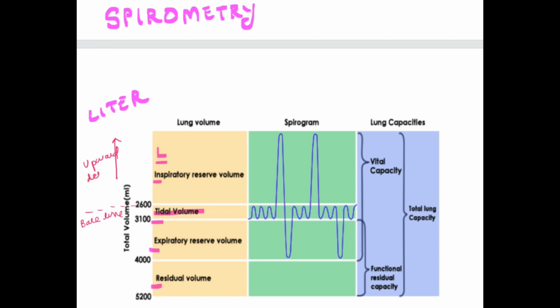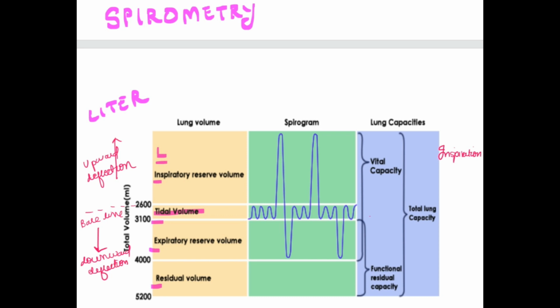By this we can understand the representation of the spirogram. Remember that the lung volume that cannot be measured with the help of the spirometer is residual volume.